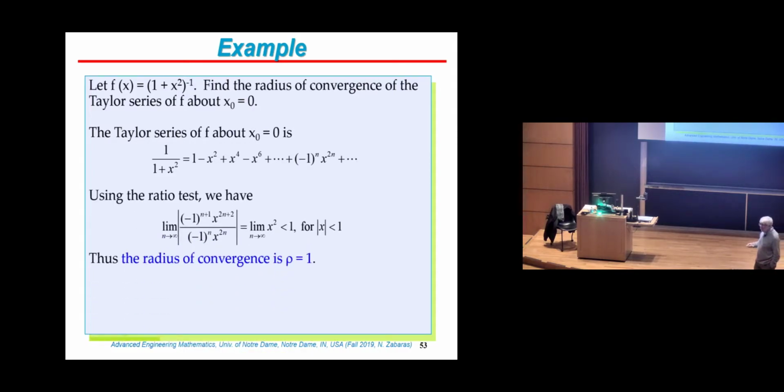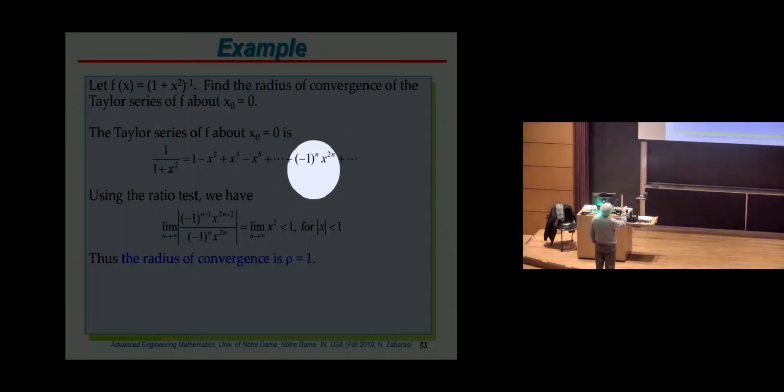The other criterion would obviously be the one that you also have to do in your homework, the ratio test. So if you take the absolute value of the n plus 1 term divided by the n term, and take the limit as n goes to infinity, this ratio comes out to be x squared.